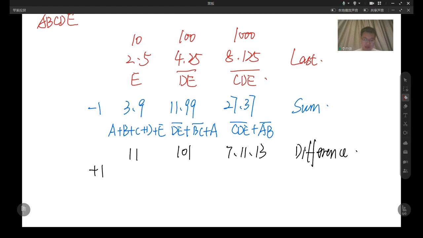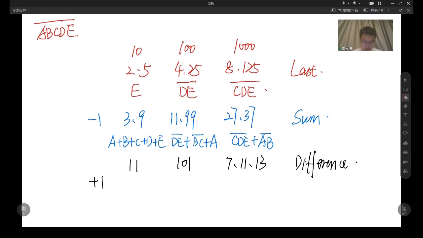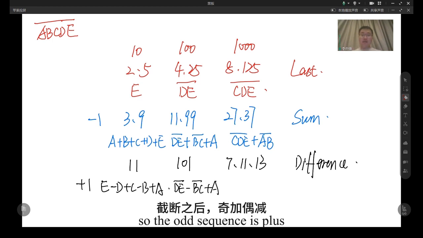For 11, we cut it by 1. So we start with E from the right to the left, and the adjacent numbers alternate plus and minus. So start with E, we have E minus D plus C minus B, then plus A. And for 101, we cut it by 2, so it's DE, then minus BC, then plus A. The odd positions are plus, the even positions are minus.